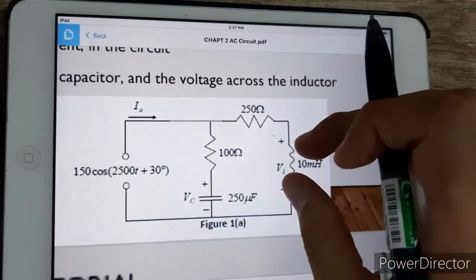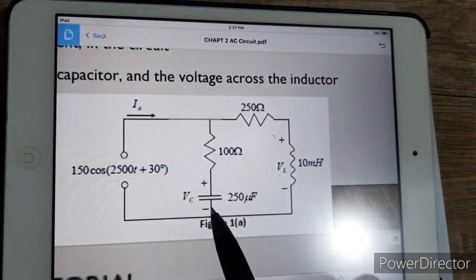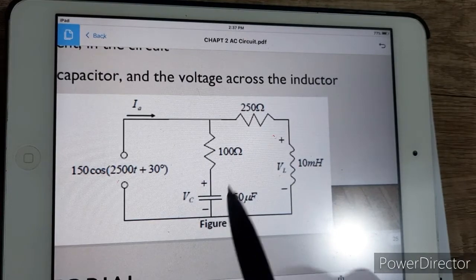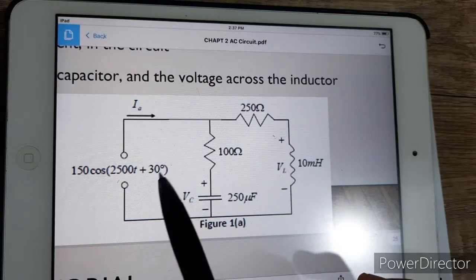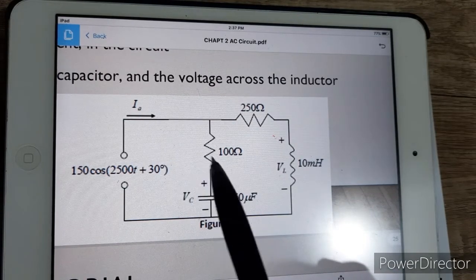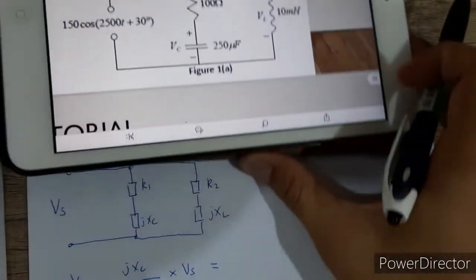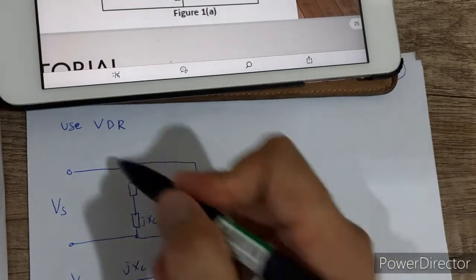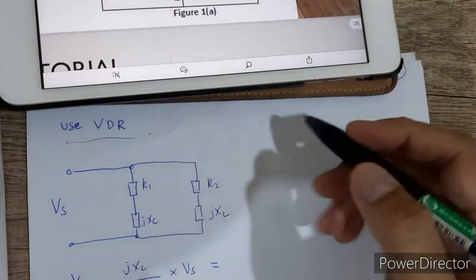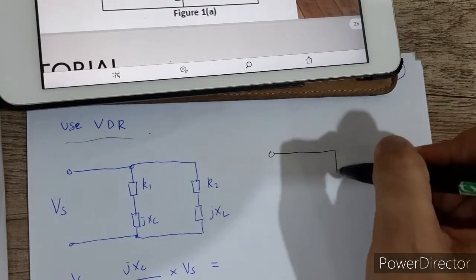Okay, so when we look at this circuit, because this circuit is just in parallel, you can use VDR, voltage divider rules. Firstly, draw the basic circuit for VDR. Actually you only have to draw this one.